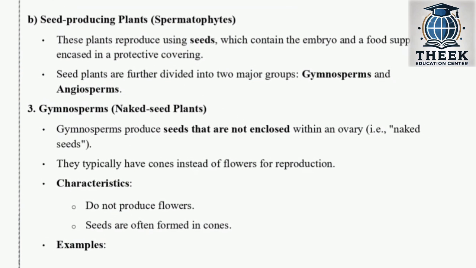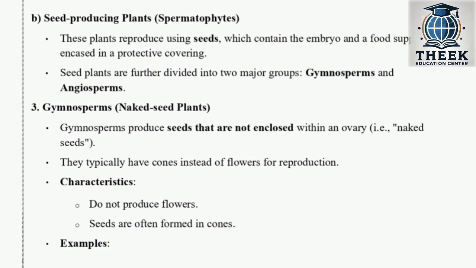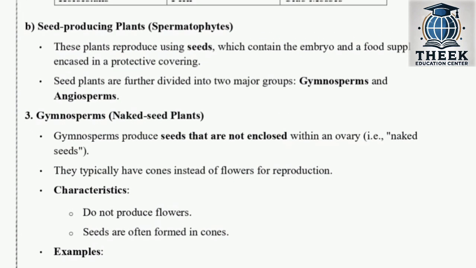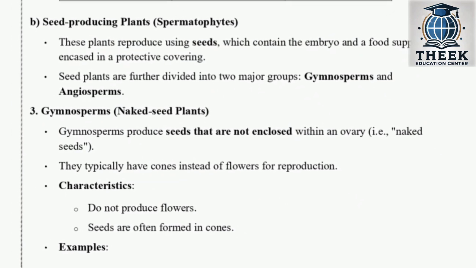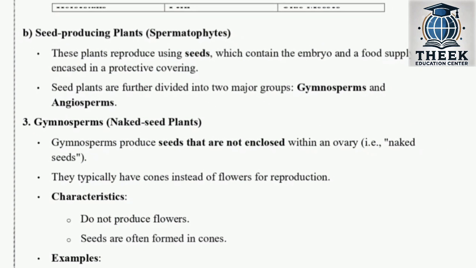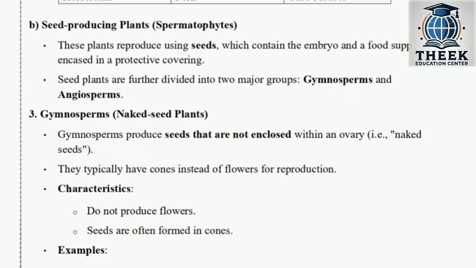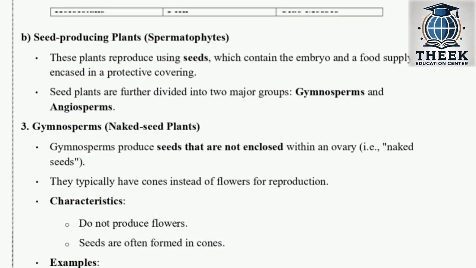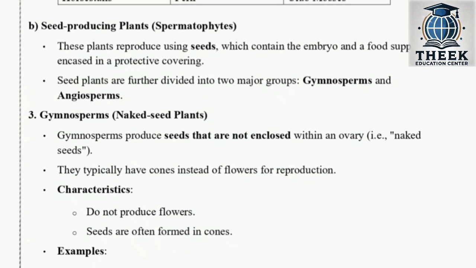So these plants produce a seed. Now, if they produce a seed, then they have a defined system of reproduction. They reproduce by self-pollination. So they contain the embryo and a food supply encased in a protective covering.